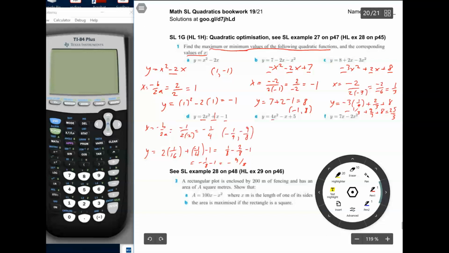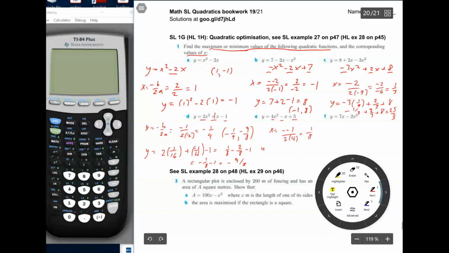What about this one? So it's A is 4, B is negative 1, and C is 5. So x equals negative b over 2a, which is equal to 1/8. That's x.